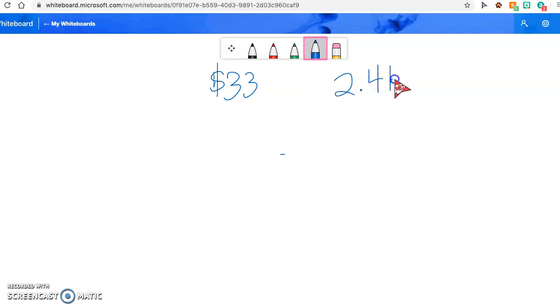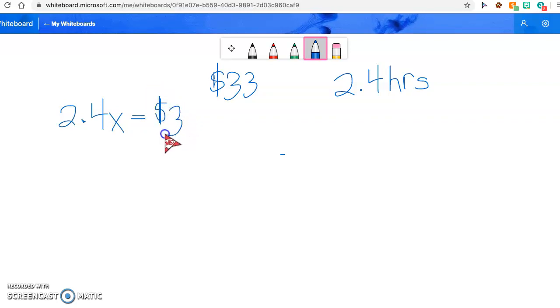You want to find out how much money you made per hour. See if you made very good money or not. So you could set it up like this. 2.4 x, so 2.4 times x equals 33.